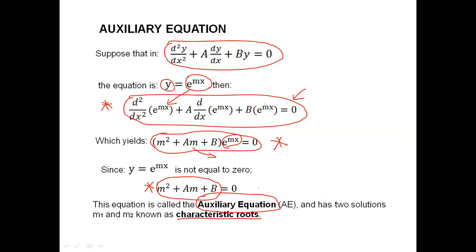In this case, the values of m, because this characteristic equation is a quadratic function, can be found by completing the square, the formula method, or indeed the simplest, which is factorization, if the arrangement of the values is friendly enough.